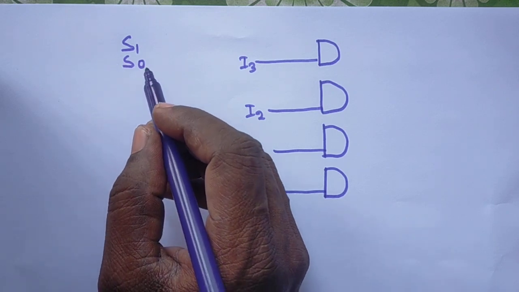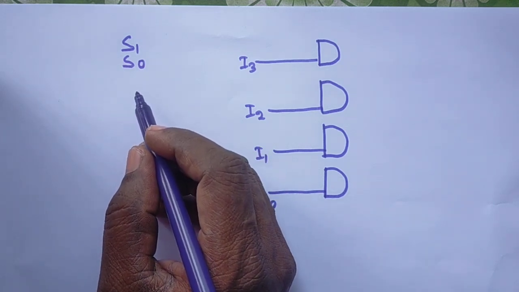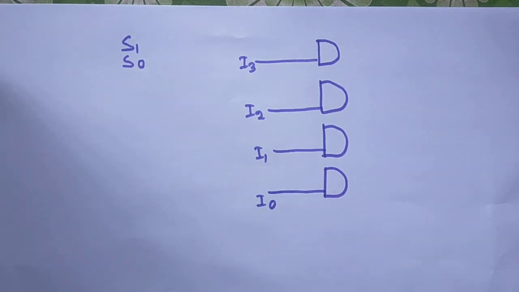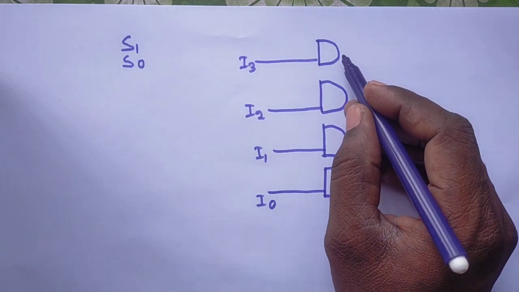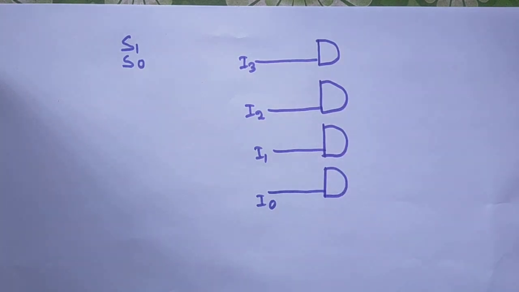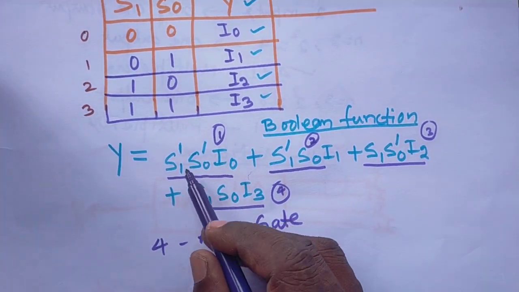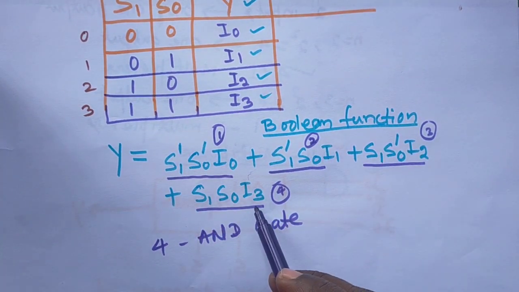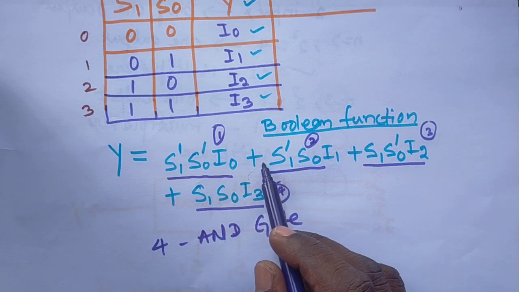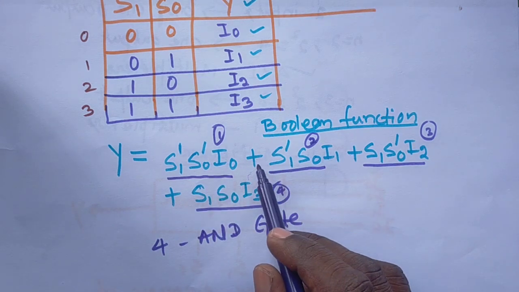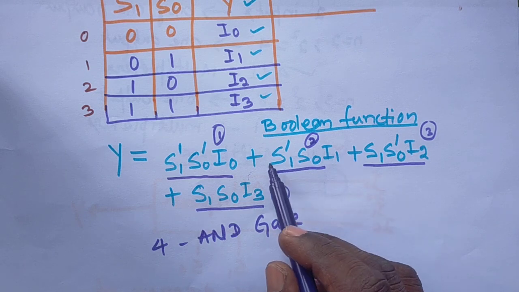After creating these different terms, lastly they are combined with an OR gate.